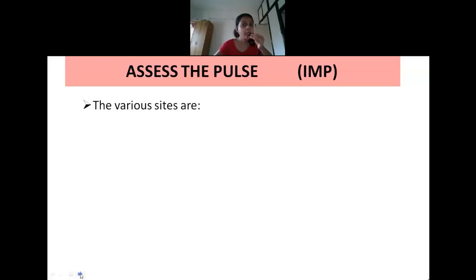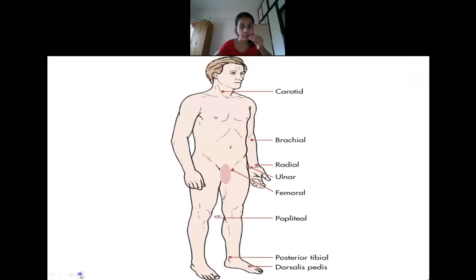Next are the various sites where you can check for the pulse. It is a very important topic because most of the time examiners ask you. They may just tell you to assess the different sites of pulse. Already you have studied this in your first year in foundations. For arterial pulse you are using the same sites. Carotid.